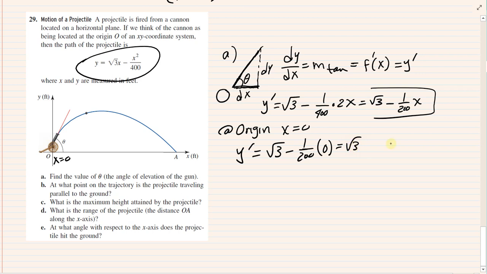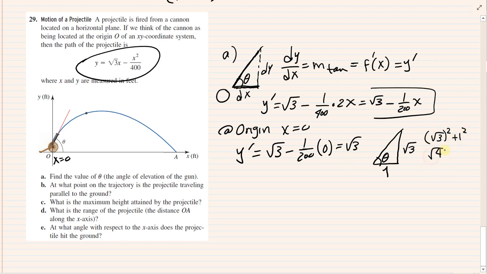So now we can actually draw our triangle, and this is theta. Slope is change in y over change in x, right? A rise over run. So root 3, I can think of root 3 as root 3 over 1. That will give me a rise and a run. So the hypotenuse of this triangle is going to be root 3 squared plus 1 squared, 4.